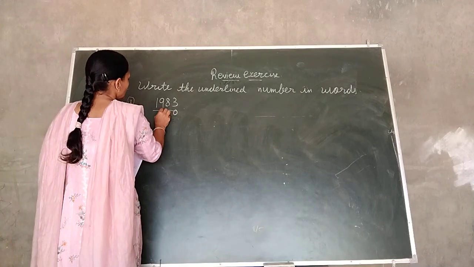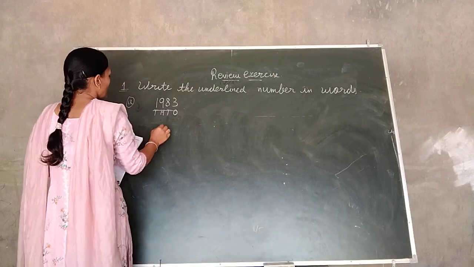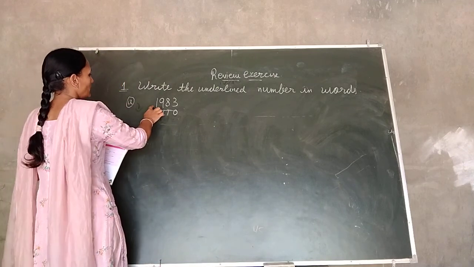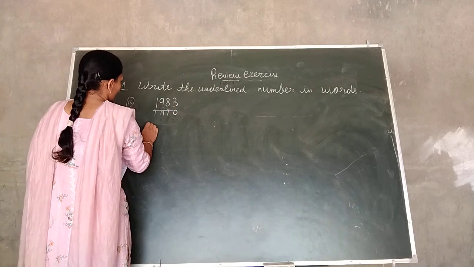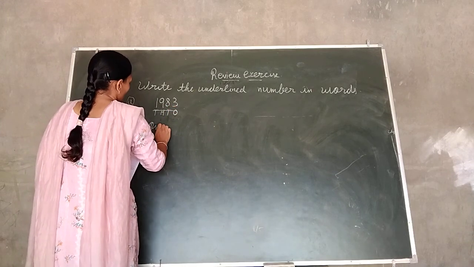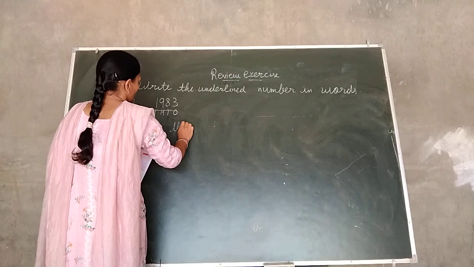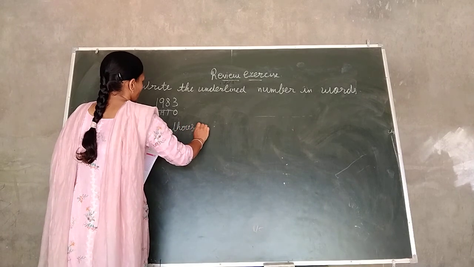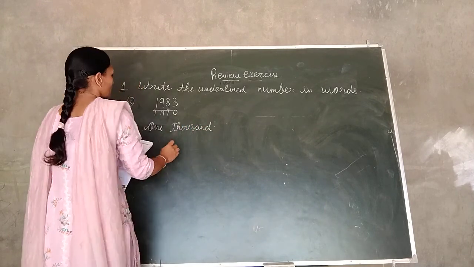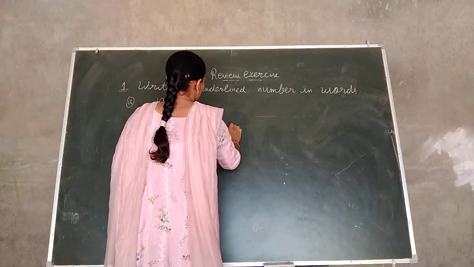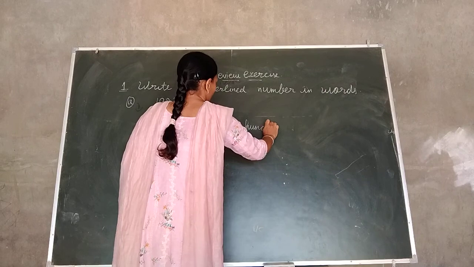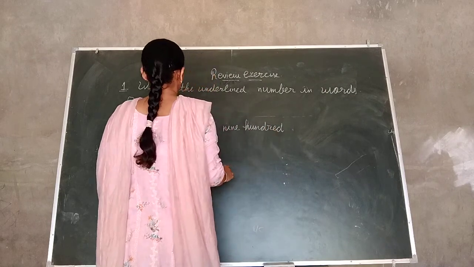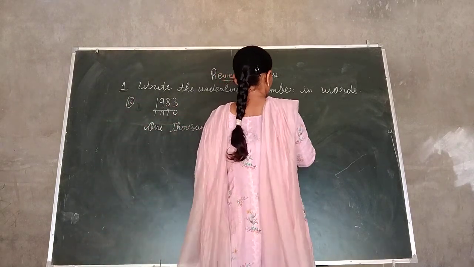Ones, tens, hundred, thousand. This number is 1983.